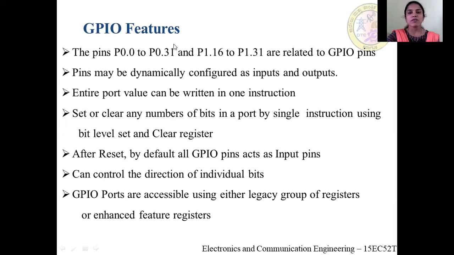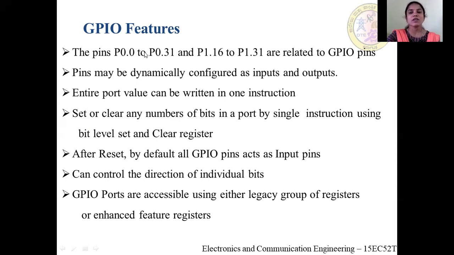If you want, you can write or read all the port pins, all 32 pins together, or you can perform an individual pin operation. Out of 32 pins, if you want to set only one pin, that operation is also possible by using the GPIO registers.